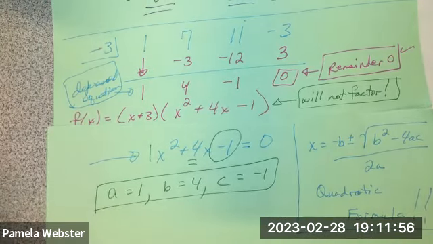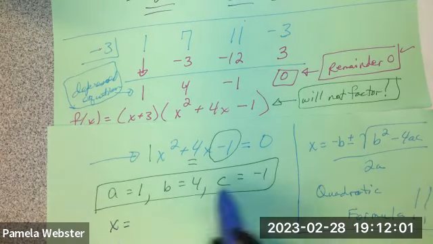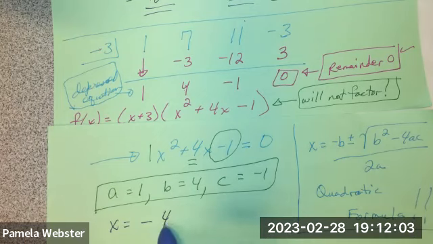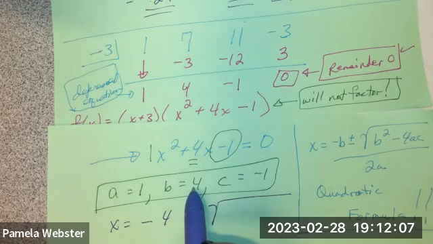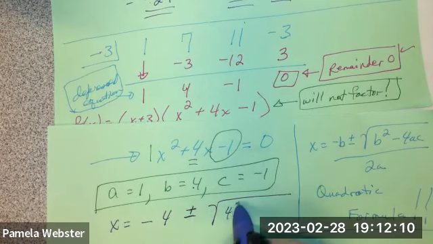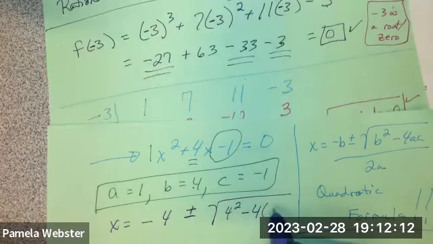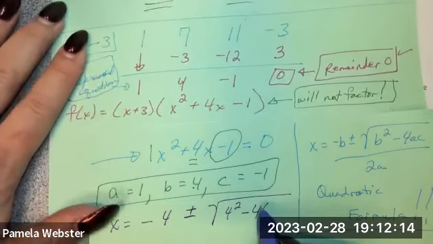Okay. So to solve this guy, I'm going to come over here in the quadratic and I'm going to plug in. X equals negative, my b is a 4, plus or minus the square root of b squared. So b was a 4 squared minus 4 is in the formula. Sorry about that.